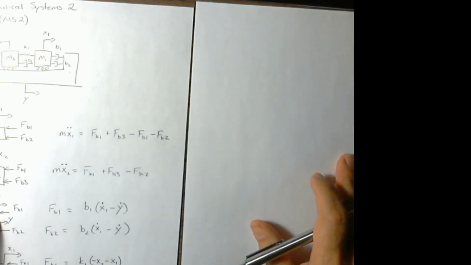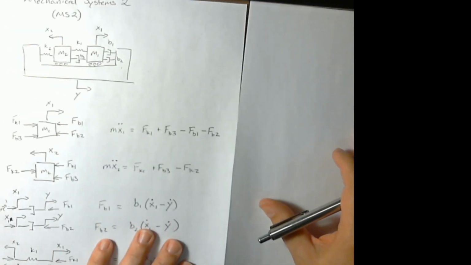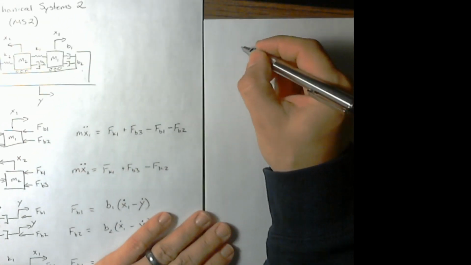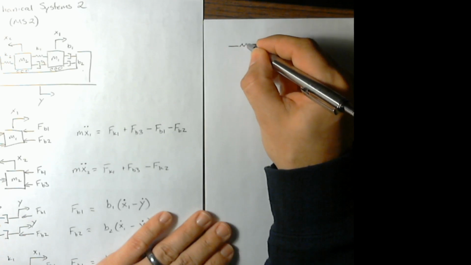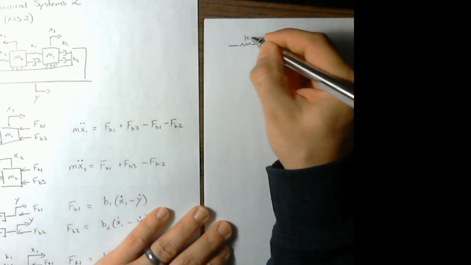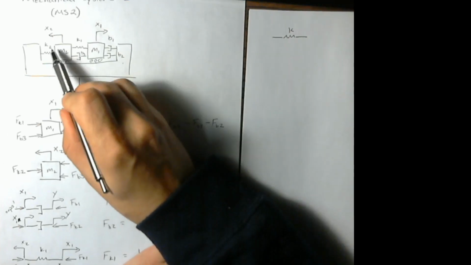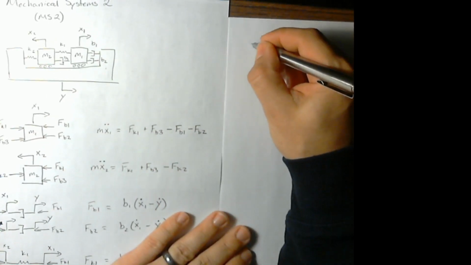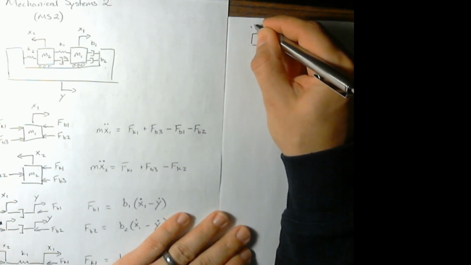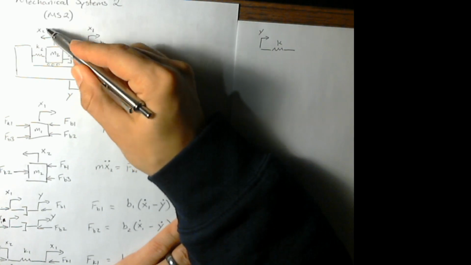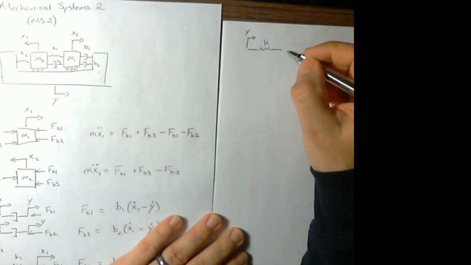Let's move on. Now I just need to look at K2. On the left-hand side of K2, we're attached to Y. On the right-hand side of K2, we are attached to X2.